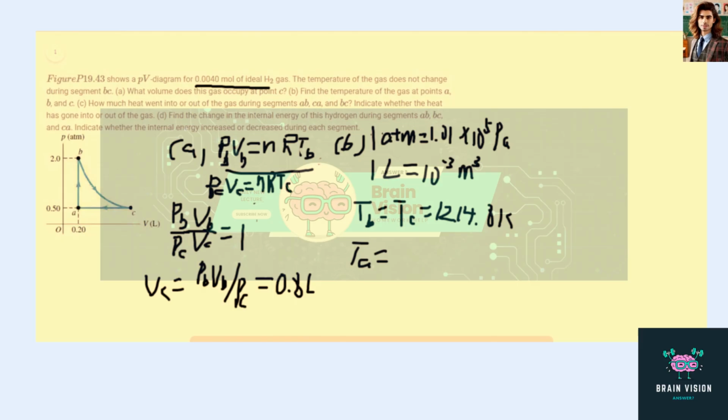So TA is 303.7 Kelvin. That's the temperatures at the three states.